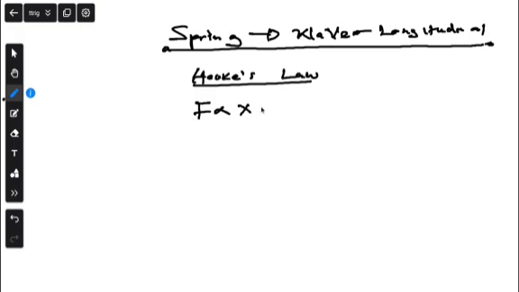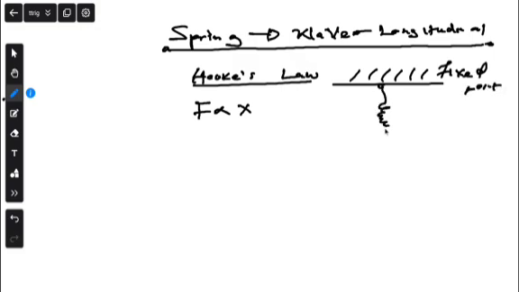What it means is, let's say we have a spring here, which is hanged on a fixed position. Let's say this is the fixed point, and we have a spring here. So what is going to happen here is that if we put a load here, or the mass M, the spring is going to extend.